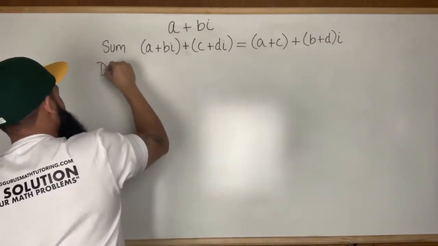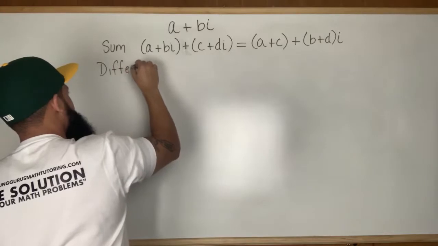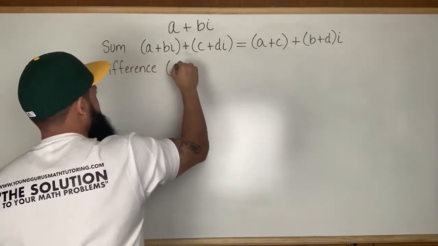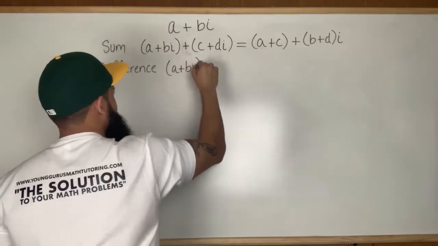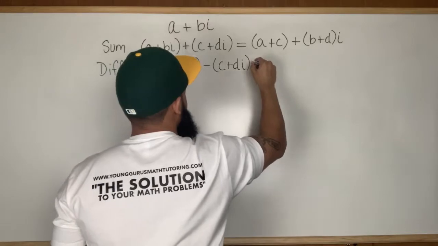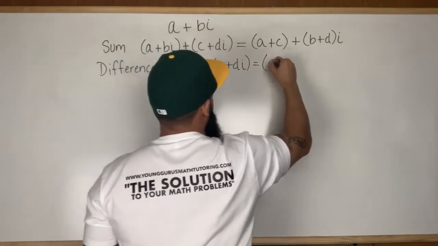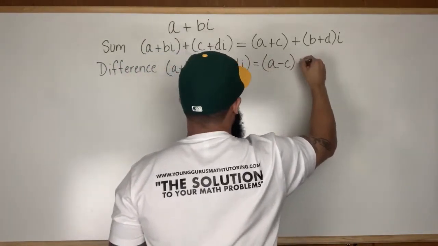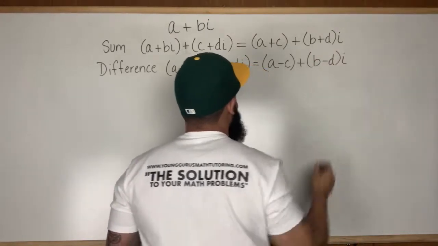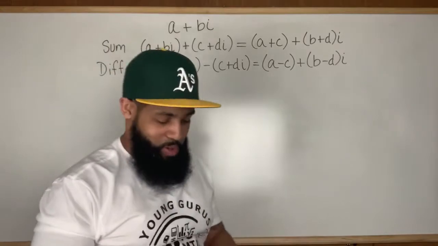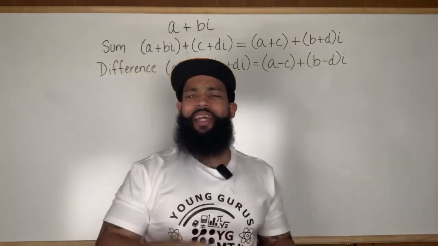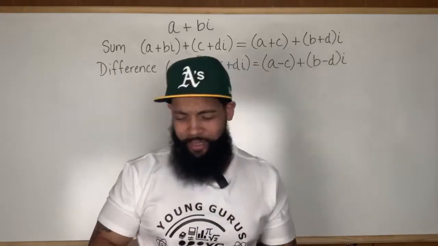And if I have the difference, which represents subtraction, then a plus bi minus c plus di equals a minus c plus b minus d times i. All right? I know it's already some heavy stuff, but watch. I got you.